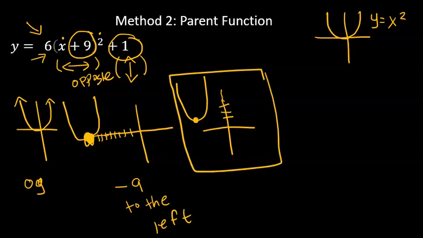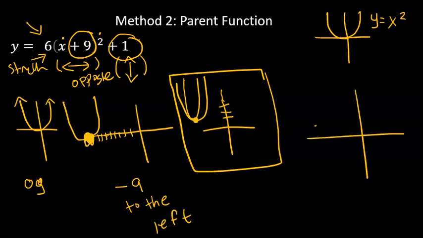This is a shrink and stretch. The 6 is a stretch. I'm going to make another video for that, so just know it's going to look a little bit thin. So that's what this looks like. All we did is go negative 9, positive 1.